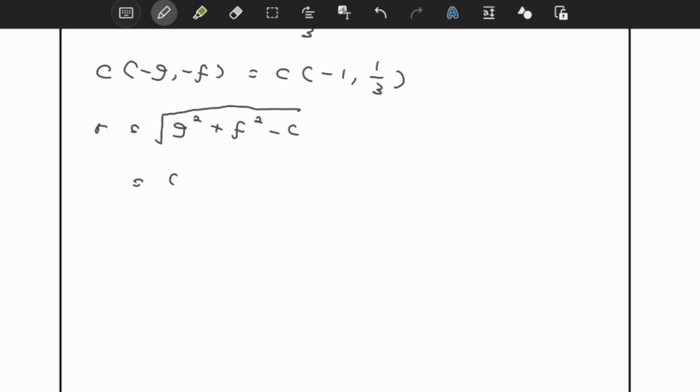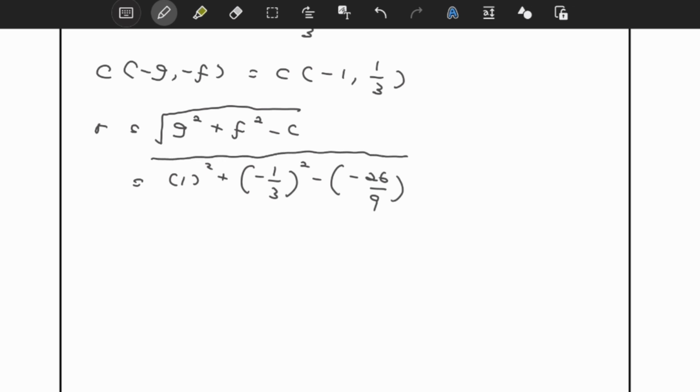So we have the square root of 1 squared plus (negative 1 over 3) squared minus (negative 26 over 9). So we get the value of the radius equals 2. So let's proceed to part B.